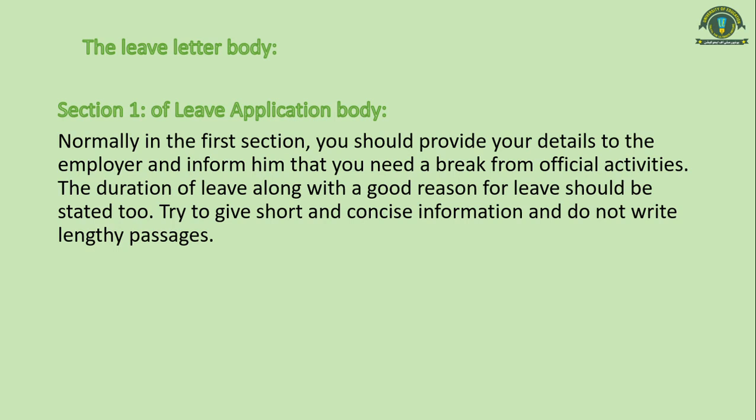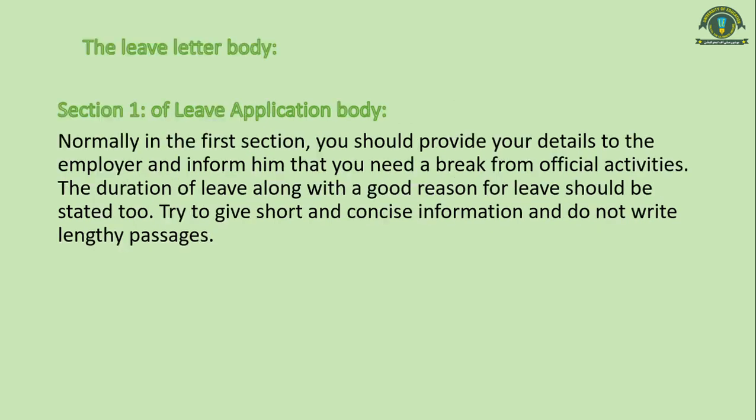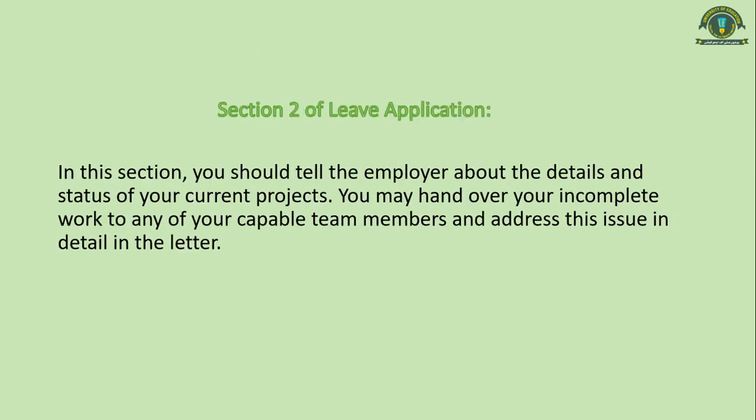Then we have discussed that while writing a leave application, which things should be adopted at first and which things should be adopted at second number. First, you have to inform your employer about your leave.